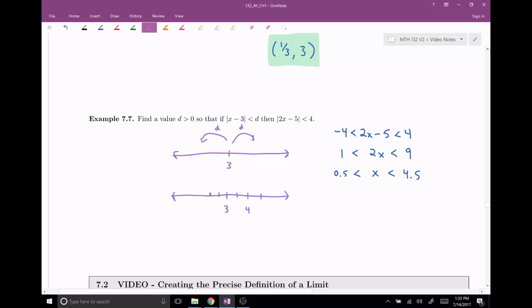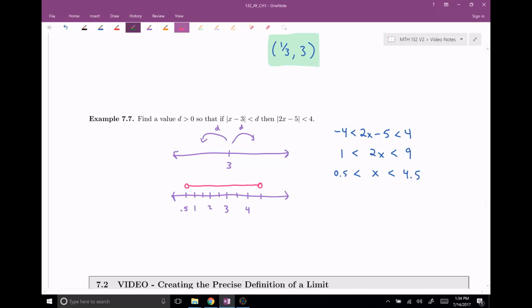So here would be 2, 1, and 0.5. So I would like to be in this region right here, right? So I want to choose some d value that I move away from 3, but that satisfies this inequality, aka stays in this region. This is the region where the absolute value of 2x minus 5 is less than 4.